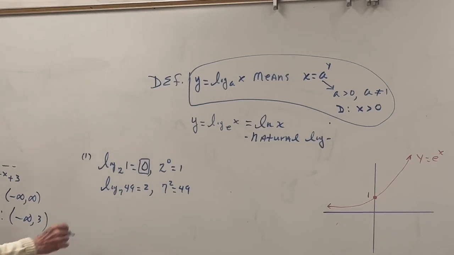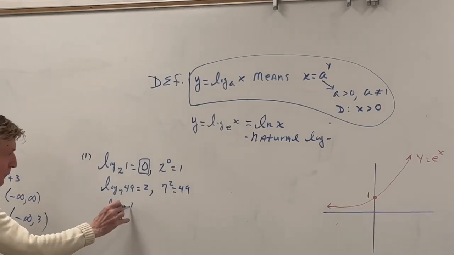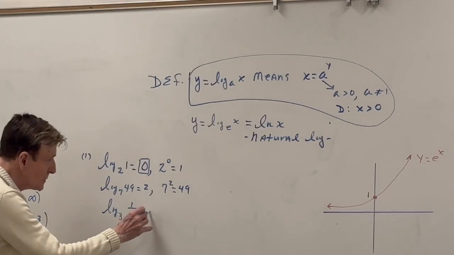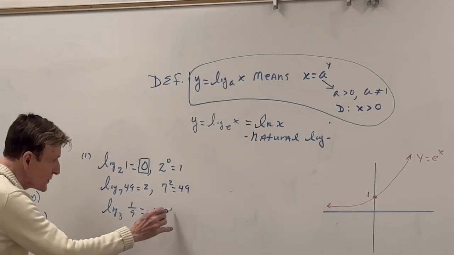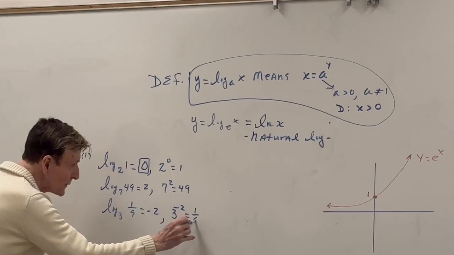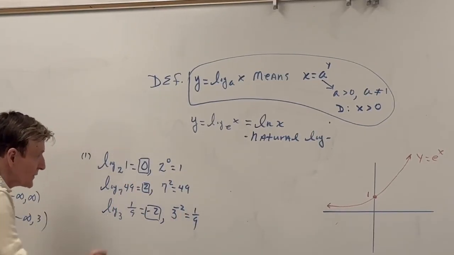Logarithm base 3 of 1 divided by 9. Is it -2? Yeah. And the reason why is 3 raised to a -2 is 1/9. These are the answers, guys. I'm sure you have justifications for them in there.